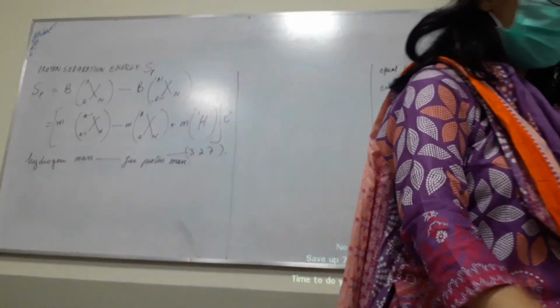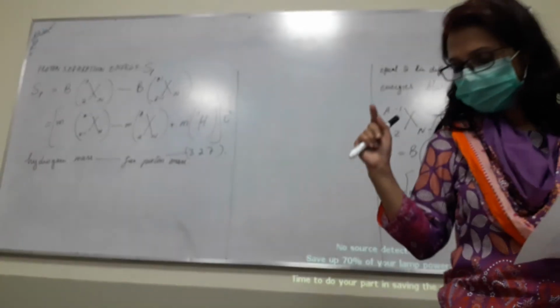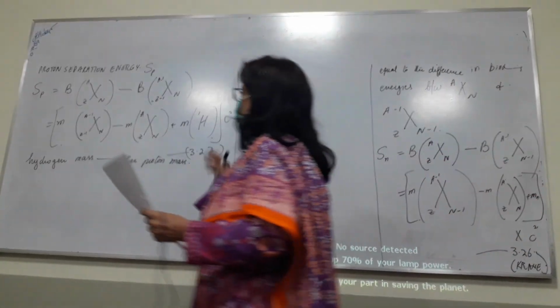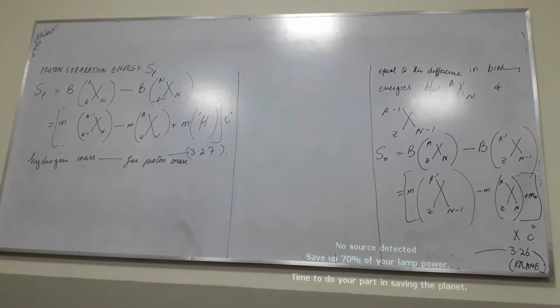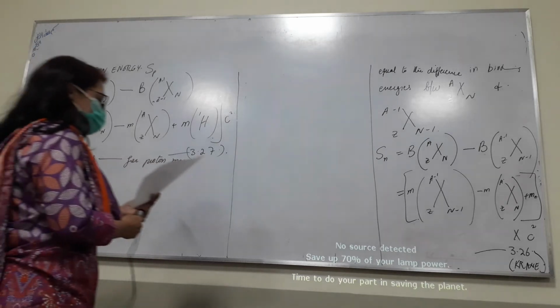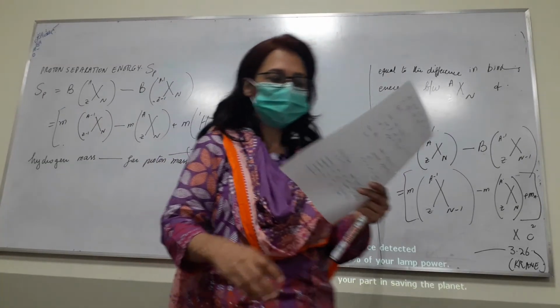Meanwhile, I will also explain another formula that's used for finding the binding energy. So this was one way of finding the binding energy. There is another formula that is known as the semi-empirical binding energy formula.